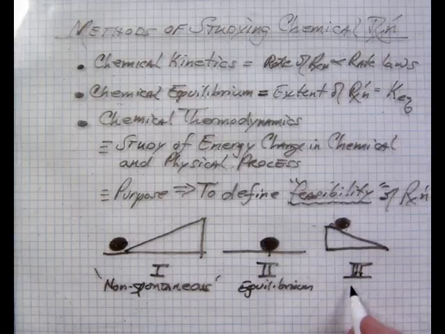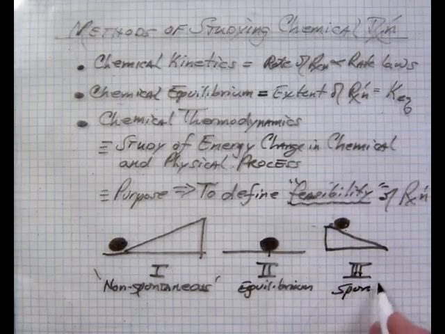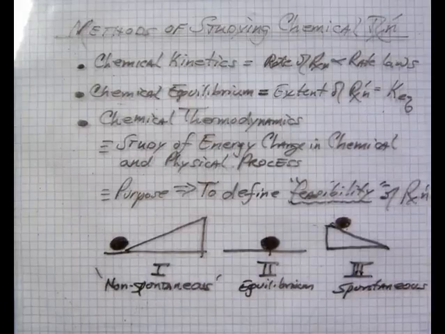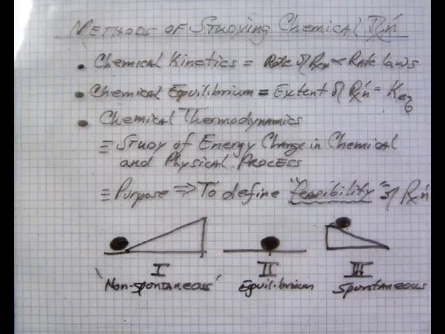So we call that spontaneous. So our objective here in thermodynamics is to develop chemical analyses that will lead us to whether or not a reaction is spontaneous, at equilibrium, or non-spontaneous. Okay?